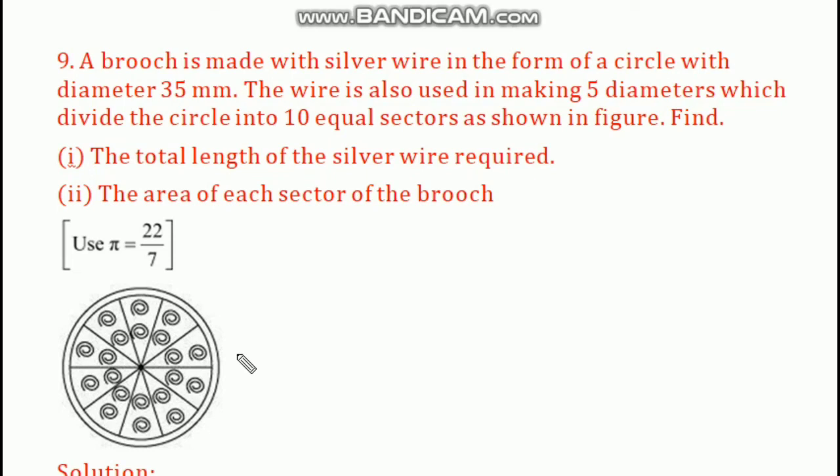So first we need to find out the circumference. Thereafter we need to add the length of the diameters. So totally 5 lengths are there. Each diameter is 35, so 5 into 35 we need to add.